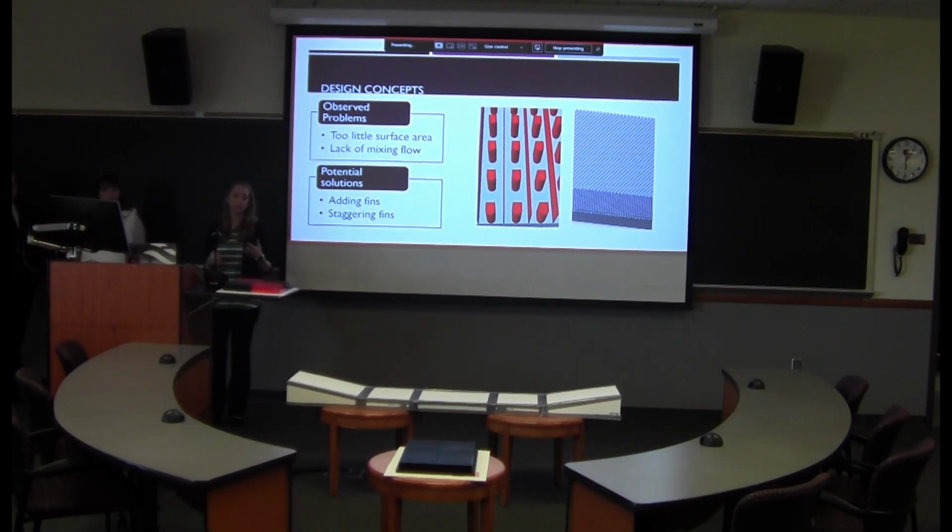With the pins we had, they would just split along the side there in the front and then just go down the side of each little channel, so to speak, and it wouldn't hit the pin behind it. So we played around with the dimensions between those pins and moving those around, as well as staggering the pins to make sure that it would hit all of the pins and get maximum surface area.